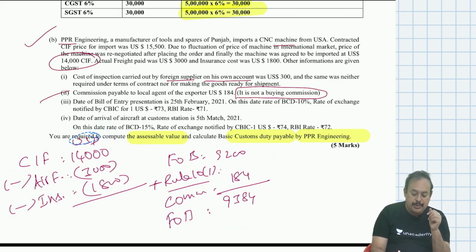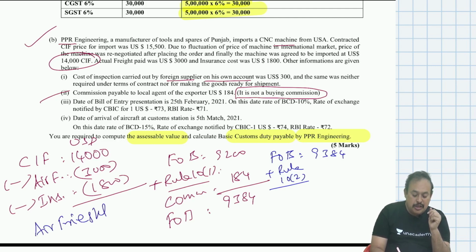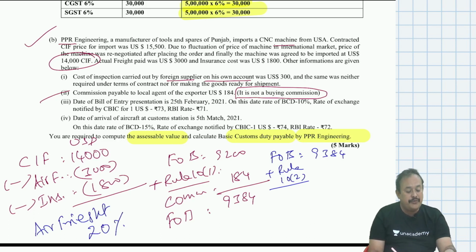Further, if you got FOB value of customs $9,384, add to that rule number 10(2) expenditure. When we talk about air freight, it should not exceed 20% of the FOB value of customs.